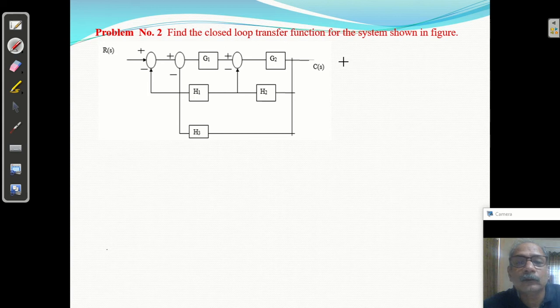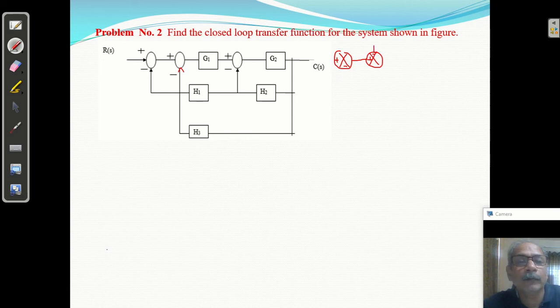Okay, so it is plus and this is minus. Then it is plus and minus, and this is H3 minus. एक काम करता हूँ, I am going to take this feedback here from top से ले लेता हूँ, so यहाँ मैं minus show करता हूँ here.